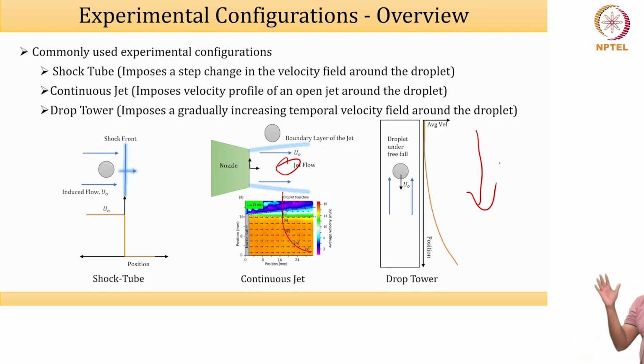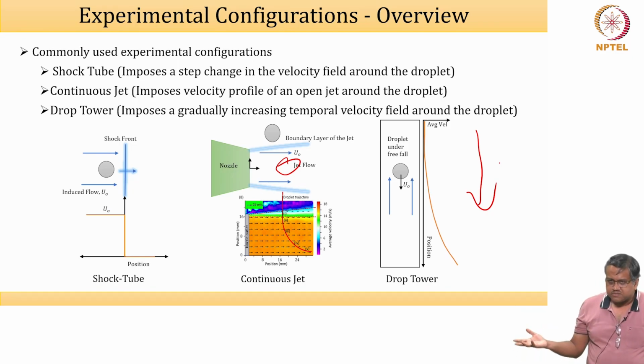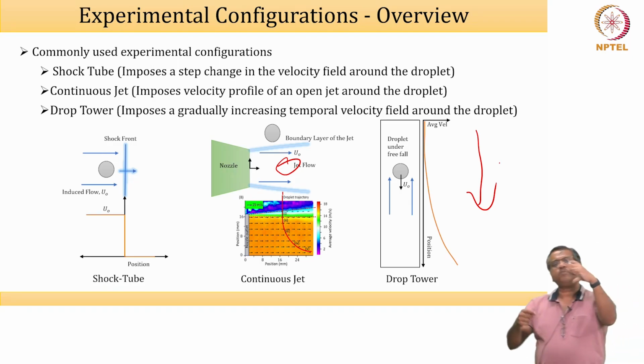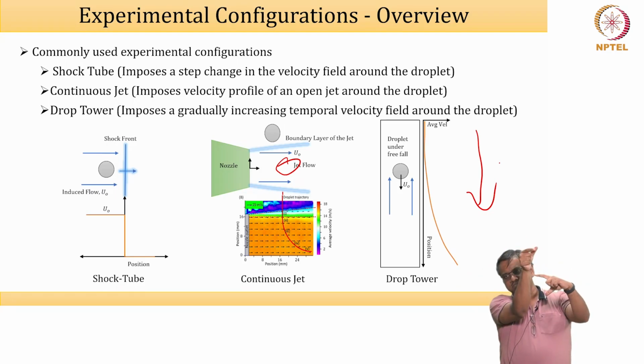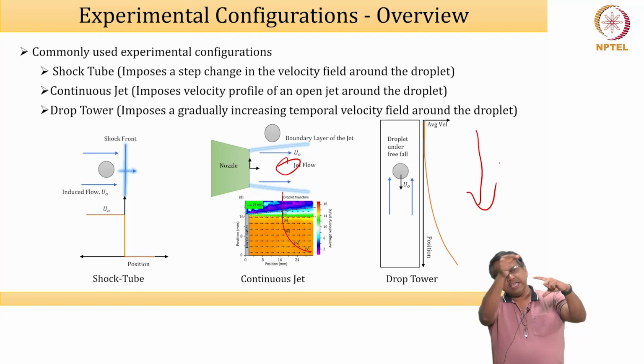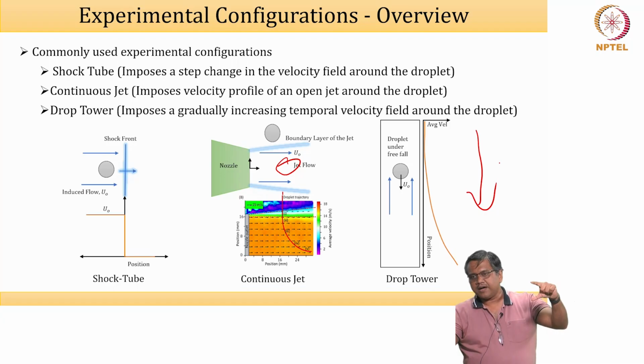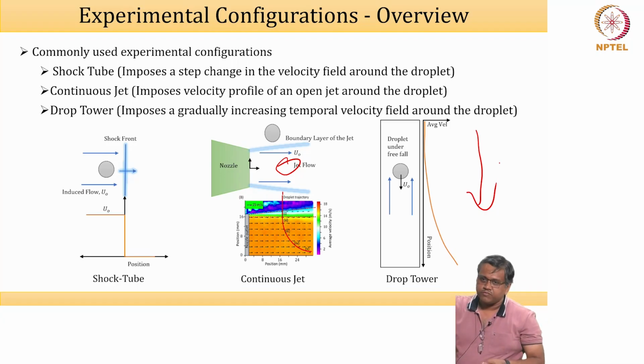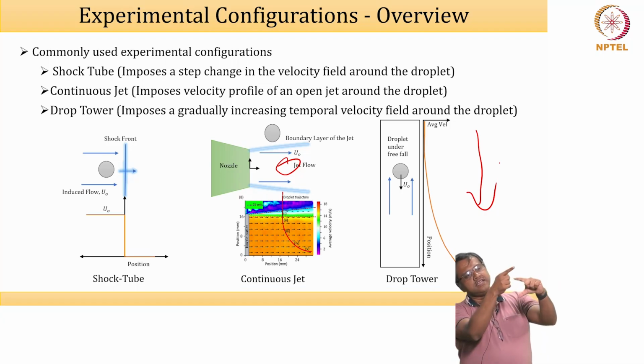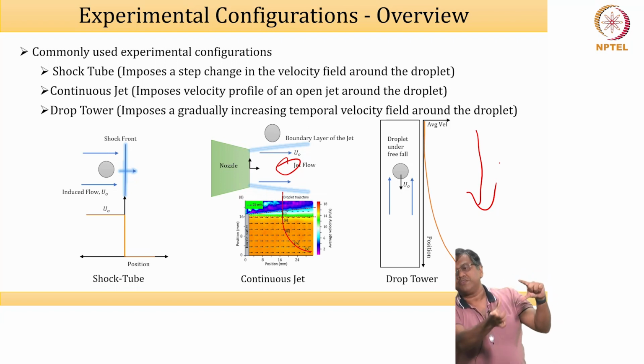Shock means that there is a sudden velocity gradient, which is sometimes hard to find in real applications. Continuous flow has the problem that the droplet is passing through a shear layer from a zero ambient kind of flow to all of a sudden the high speed flow. If the droplet has a low surface tension, as we talked about, it will just break up before it even gets into the uniform flow section. So the breakup time of the droplet has to be sufficiently longer than the entrainment time.